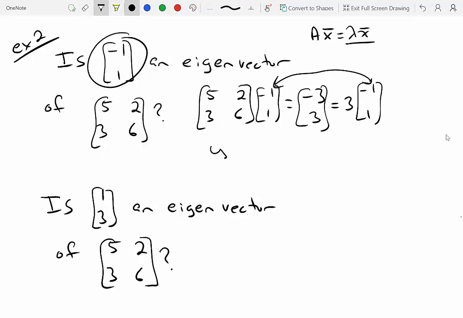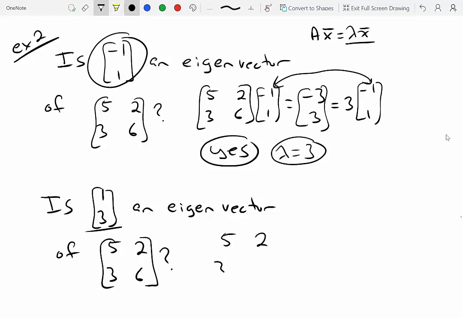So the answer is yes. This is an eigenvector, and in fact, we can also say that it's an eigenvector associated with the eigenvalue lambda equal to 3. All right, how about the second part? Is 1, 3 an eigenvector of the matrix 5, 2, 3, 6? That would be 5 times 1 plus 2 times 3.